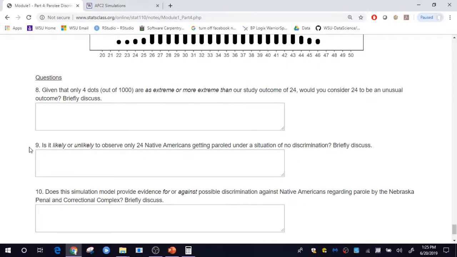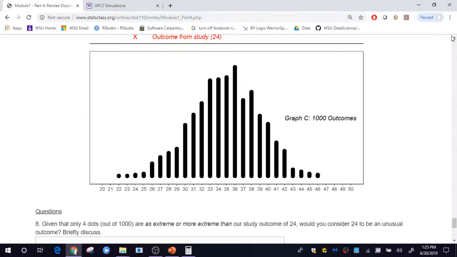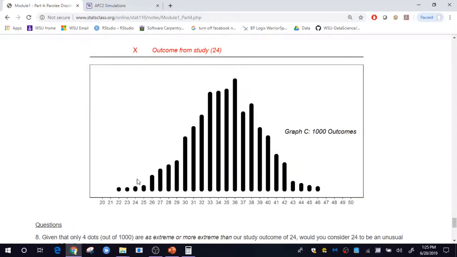So again, the idea of this is to try to determine whether or not 24, the study outcome, is a likely or unlikely value. And as I've stated, I believe that 24 would be an unlikely value under a situation of no discrimination. It does sit in amongst these dots, but it's still an unlikely outcome.